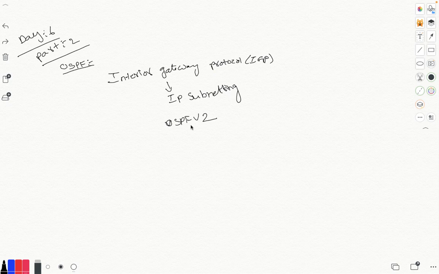Any IP routing learned can be redistributed into any IP routing protocols.